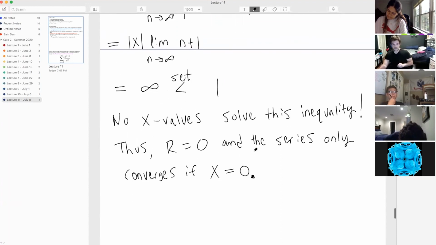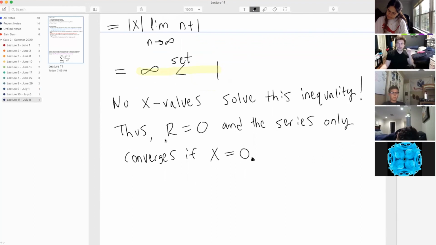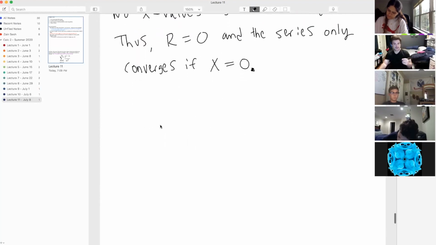All right, so I hope everyone is okay with why no x values work here, because infinity will never be less than 1. So any questions? Okay. All right, so let's move on to the next thing.